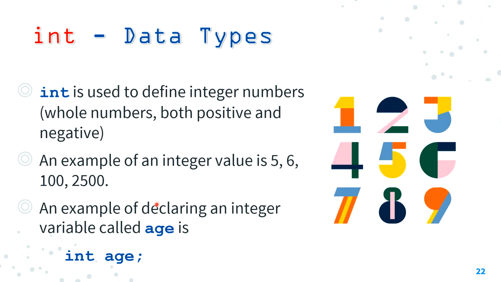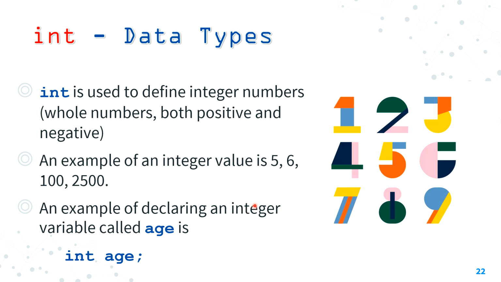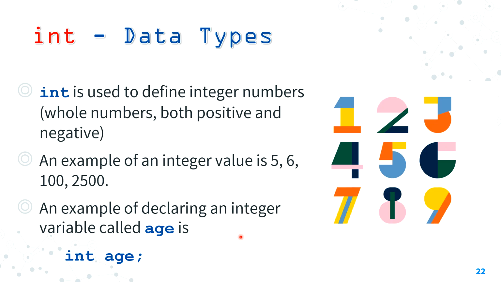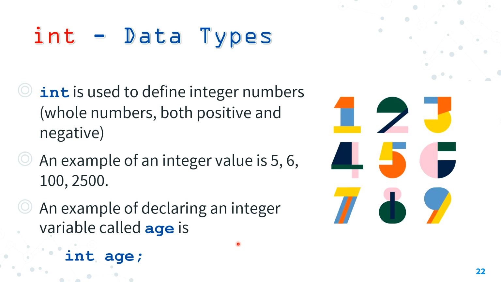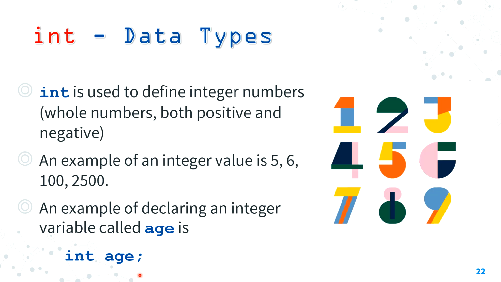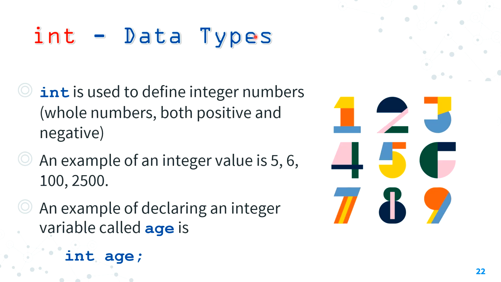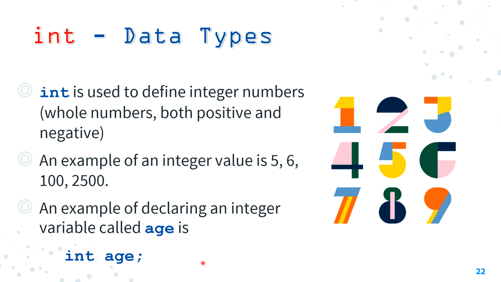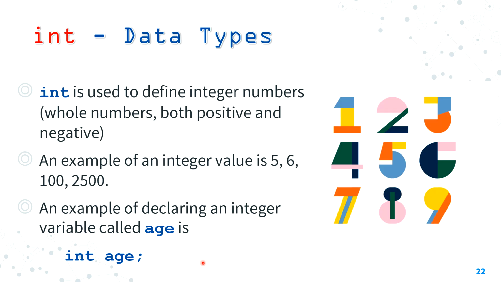To use an integer in a program, we must first declare a variable. For example, if we want to store someone's age, we can write int age. This tells the compiler to reserve memory for a whole number called age.